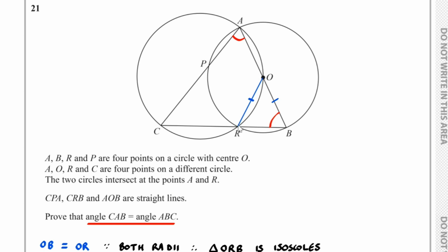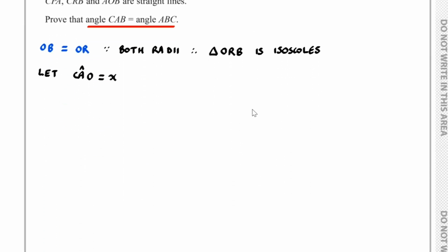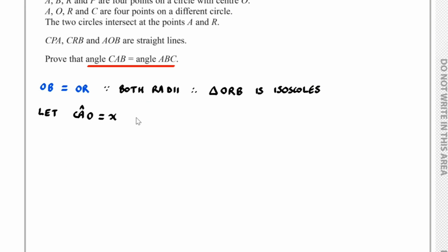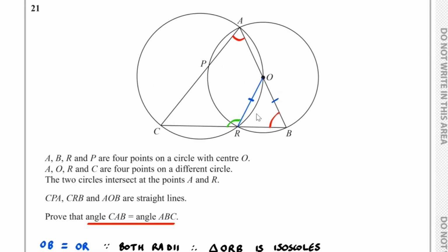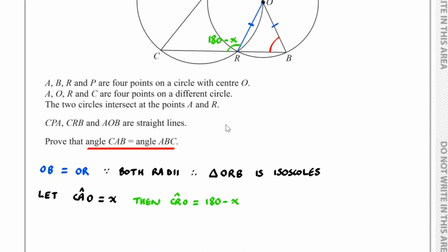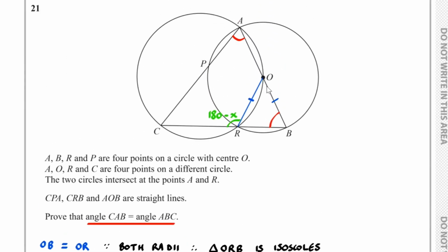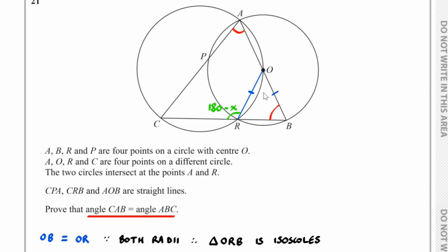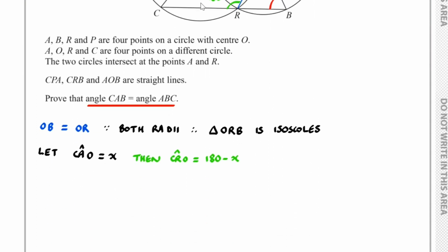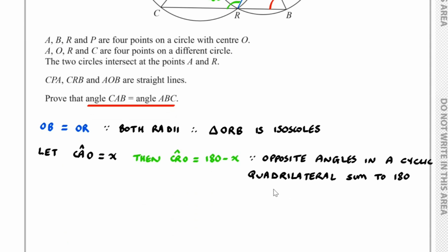which is this angle here, that will equal 180 minus x. And the reason for that is I've got this circle and I've got opposite angles in a cyclic quadrilateral, and we know that those add up to 180. So opposite angles in a cyclic quadrilateral sum to 180.